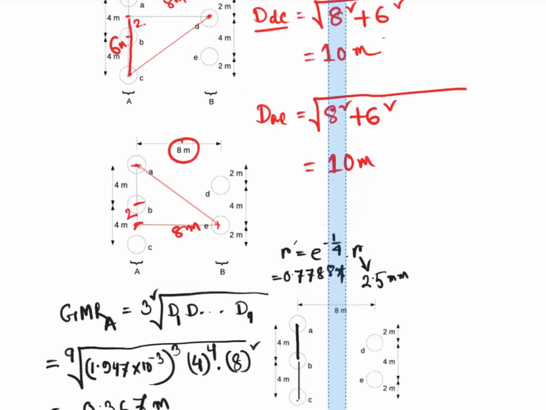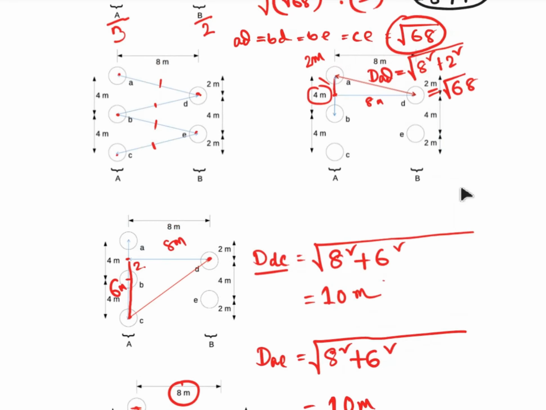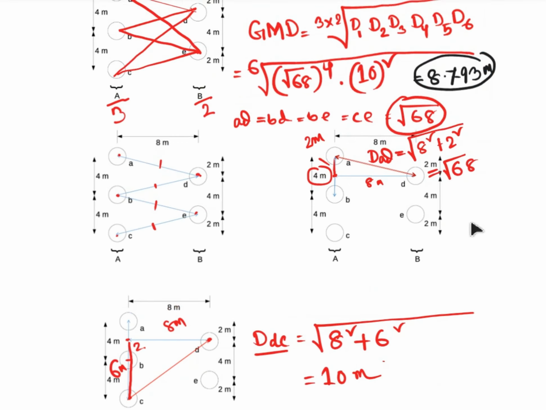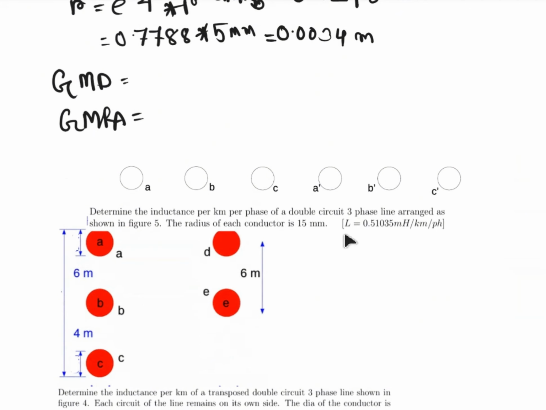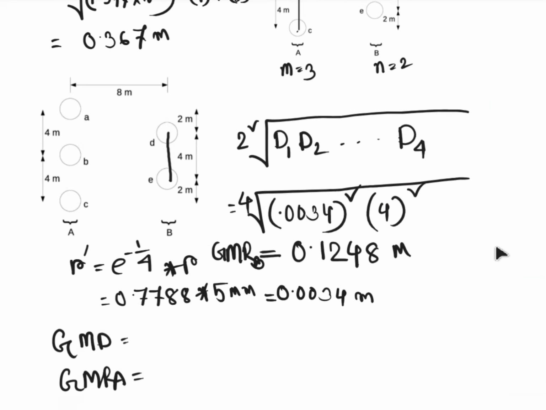So now we have already calculated the value of GMRB. Now we have to plug in the value of GMD, which is 8.793. So let's write down here the value of GMD is 8.793, and GMRA is 0.367 meter.